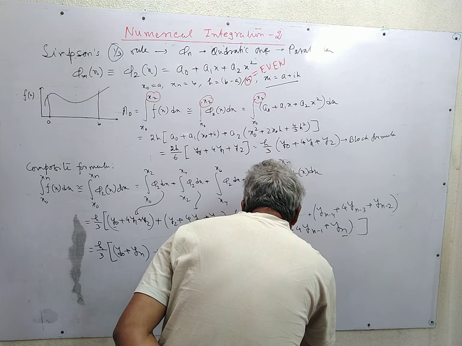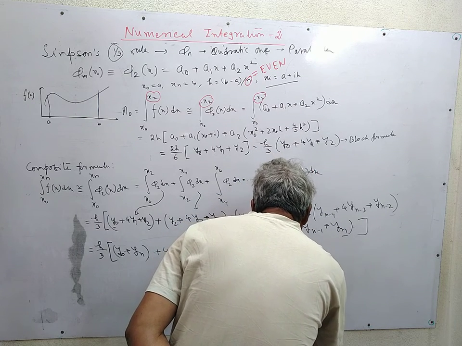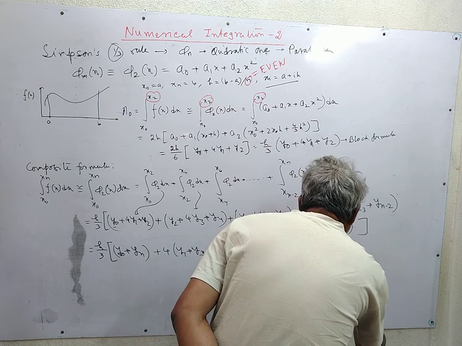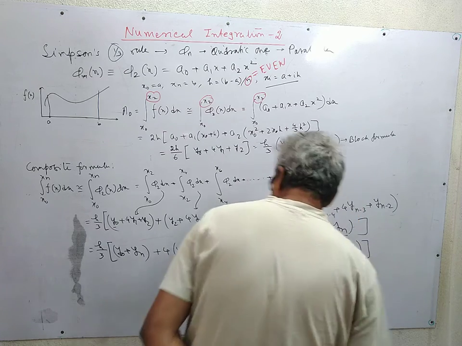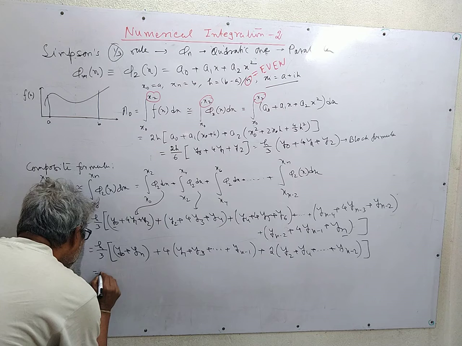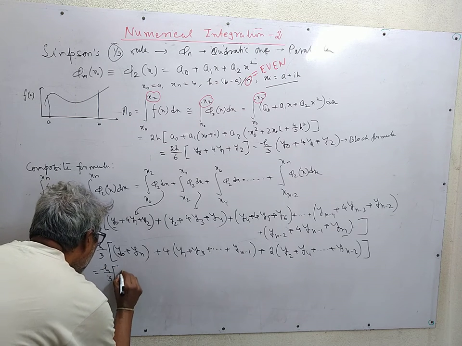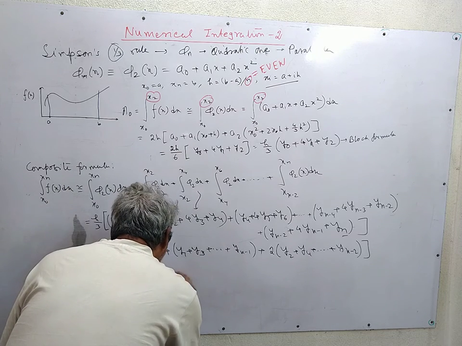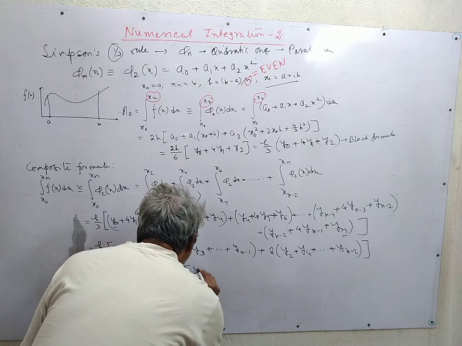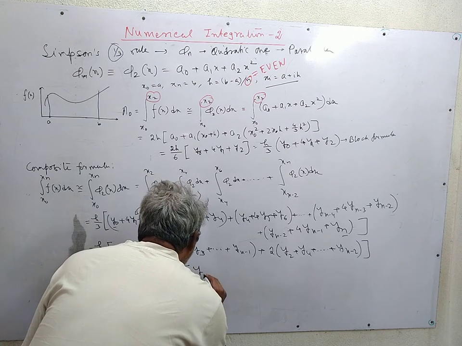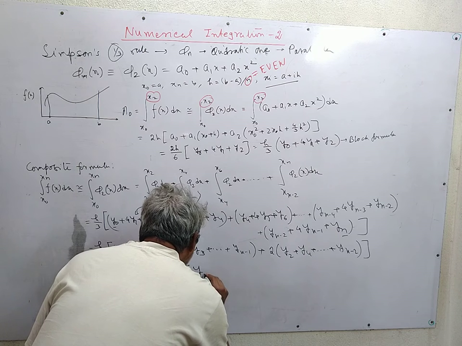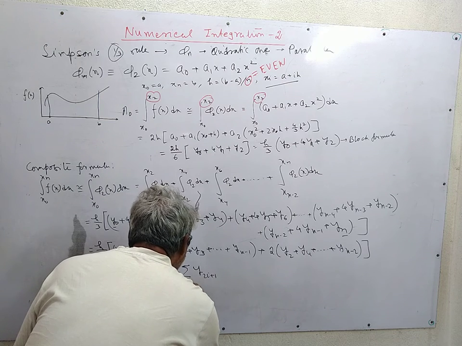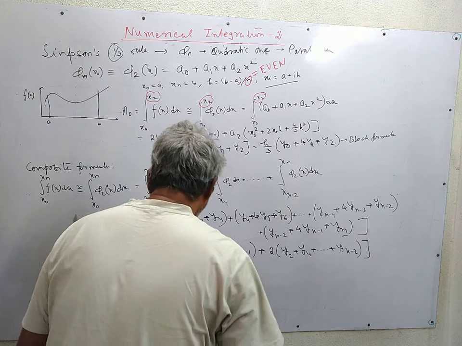So 2 times the even number of terms excepting the terminal ones. So to say, we write it in compact form, i equal to 0.